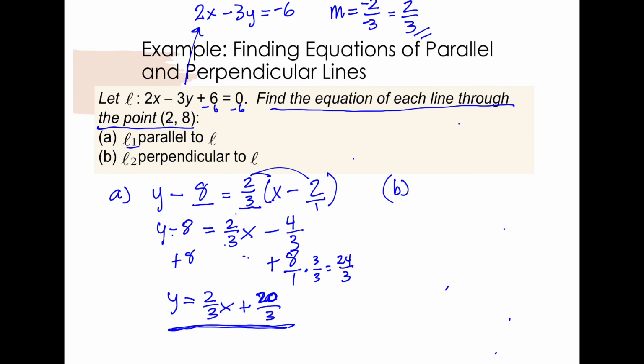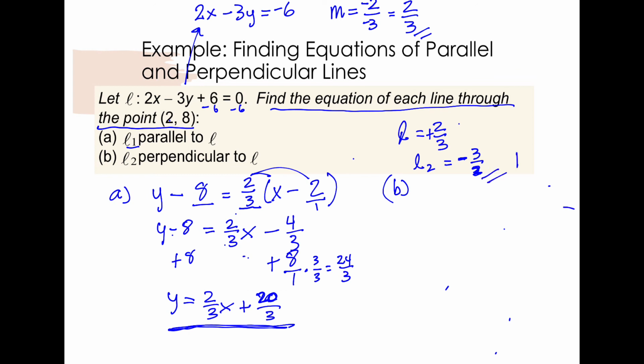Now let's do the one that's perpendicular to it. So if my slope of L is 2/3, then L2 will have a slope that's the opposite sign, so it's going to be negative. And then we're going to find the reciprocal of this, which means flip it, 3/2. Opposite sign, so this one's positive, take the opposite sign, and then we flip whatever we have there. 2/3 becomes -3/2.